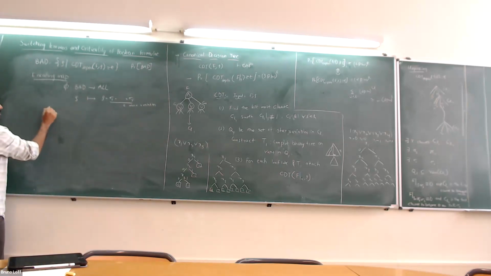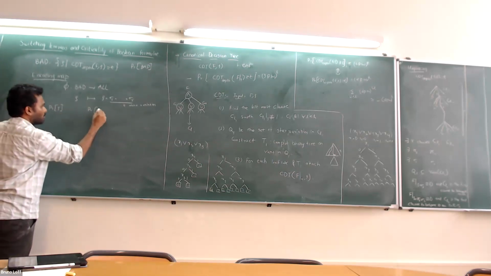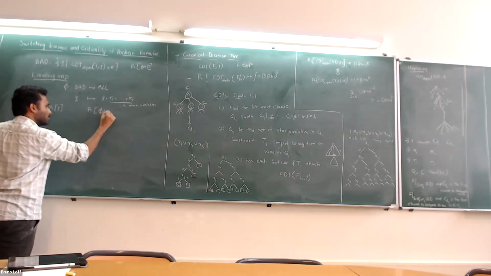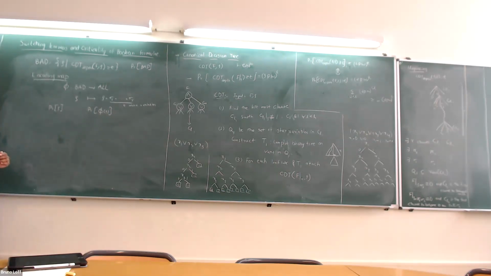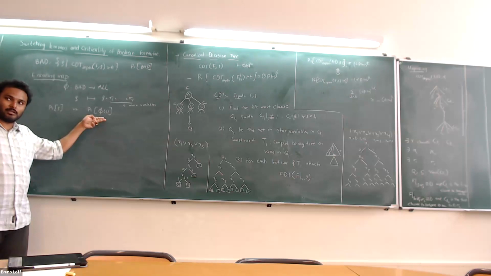So let's first see one thing. What is the probability mass of rho compared to the probability mass of rho prime? There are some t variables which are stars here, which are becoming zeros or ones.